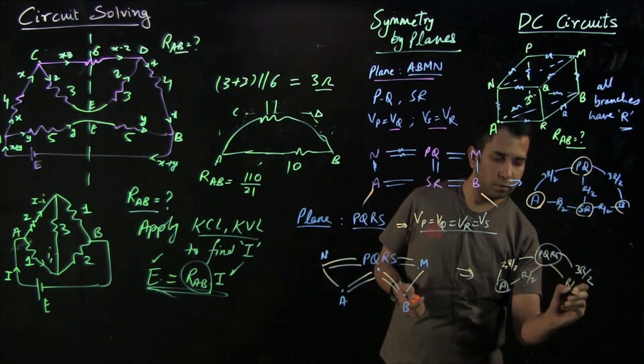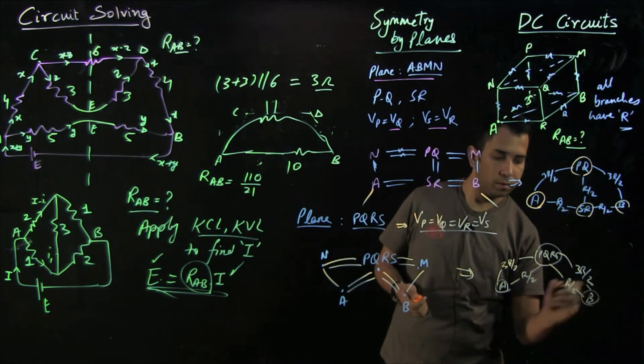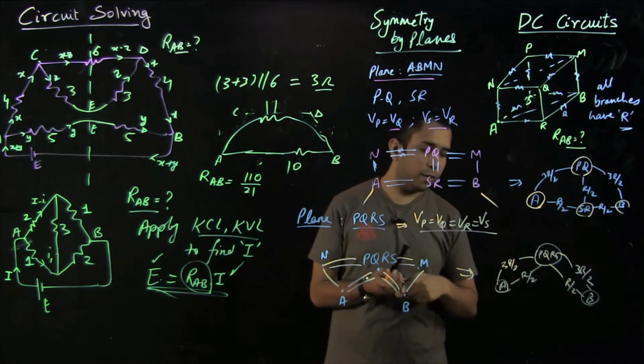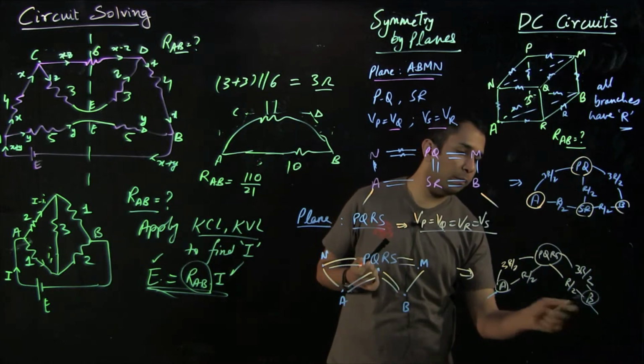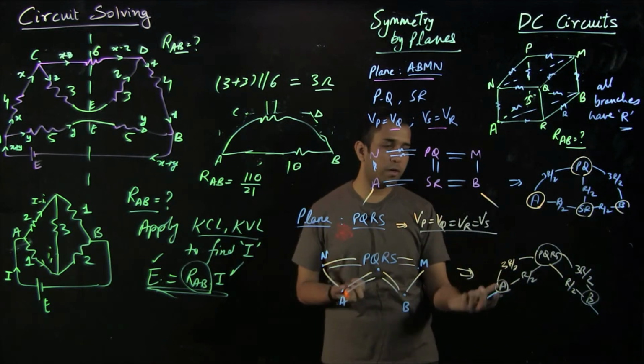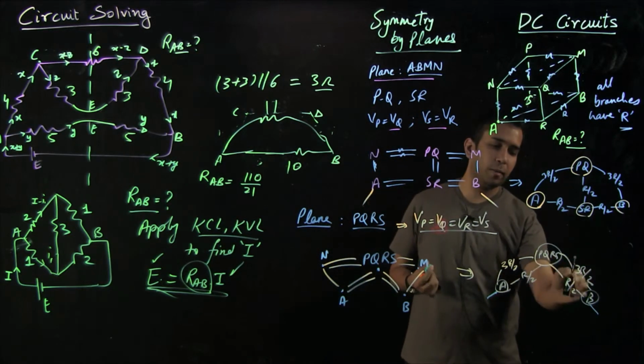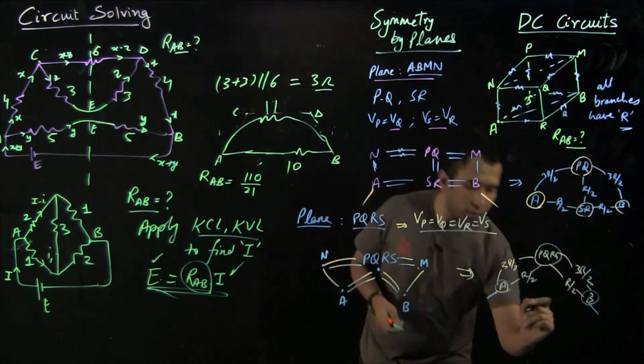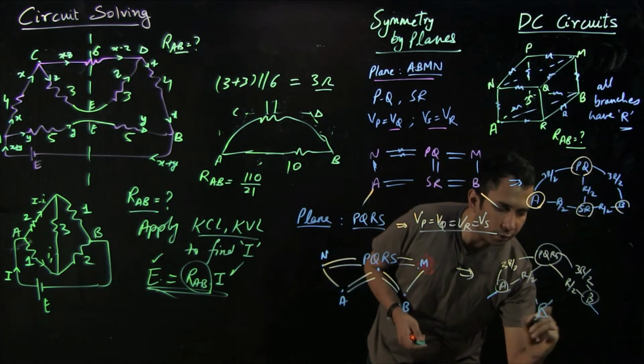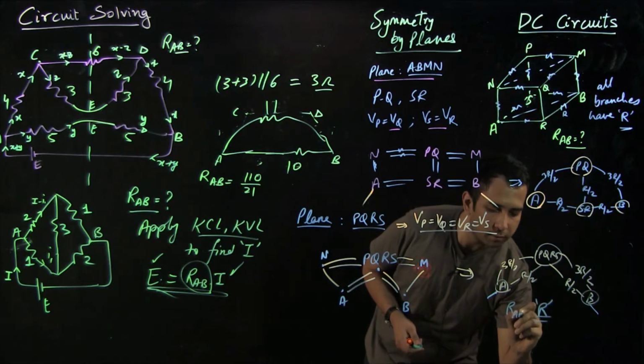And this is R by 2. So it's easy to find the equivalent resistance between AB, because 3R by 2 and R by 2 are in parallel, and so are this 3R by 2 and R by 2. So overall this will give me an equivalent resistance of R.